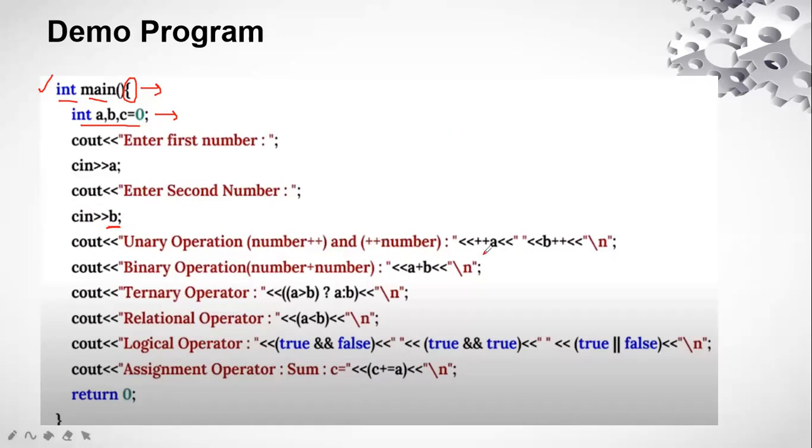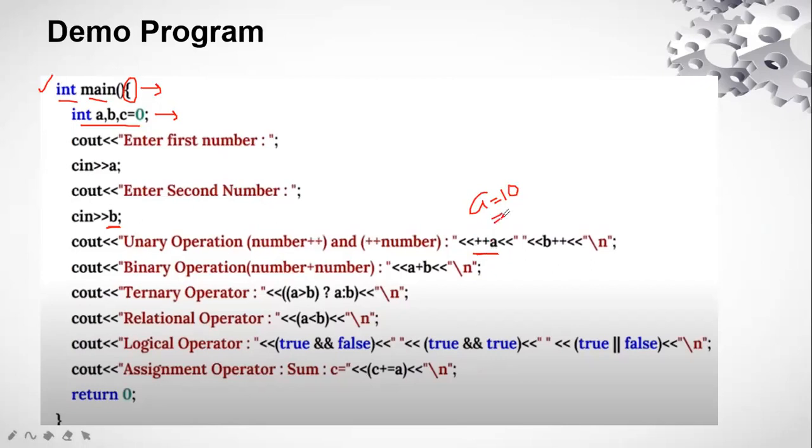Now I was telling you about the pre-increment operator and the post-increment. What does this mean? It is going to increment and then print the number. If a is equal to, let's say, 10, then plus plus a will increment it once, so it will be 11, and then it is going to be printed.